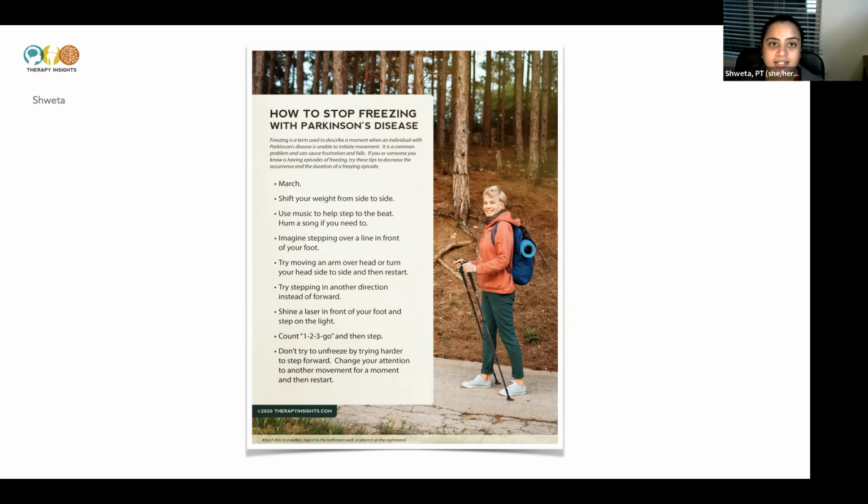When I discussed this handout with the patient and with his wife, he mentioned, oh, I do enjoy music, and I never really realized that that would be something helpful with my freezing. So maybe I'll give that a try. Music has been helpful to a lot of patients with Parkinson's disease in general.